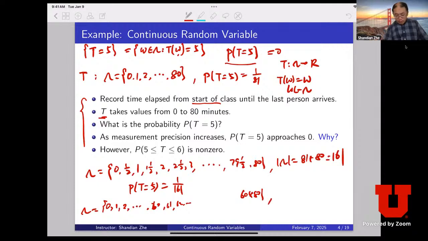So in this case, what's the size of the sample space? If I consider every second from 0 minutes to 80 minutes, how many seconds do we have in the sample space? Yes, exactly, it will be 4801. Now, if I want to compute the probability that your t is still equal to 5 minutes, what's that?